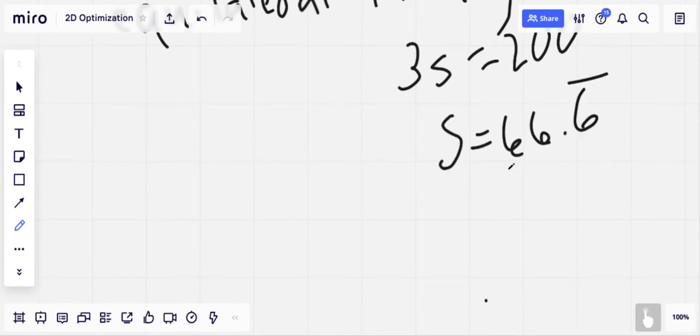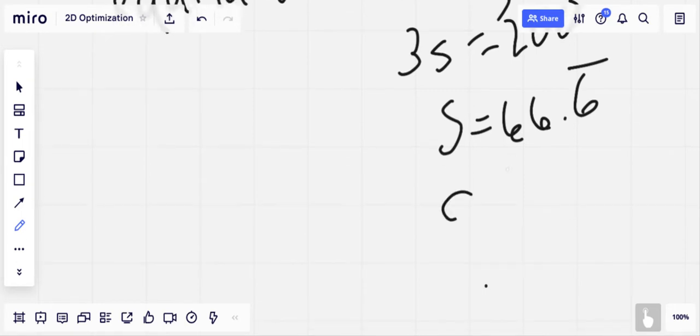So basically, to find the area formula, I'll write it again, is square root of 3 over 4 times s squared.